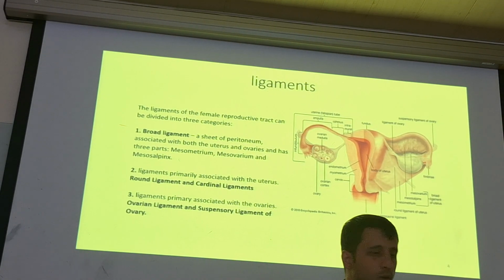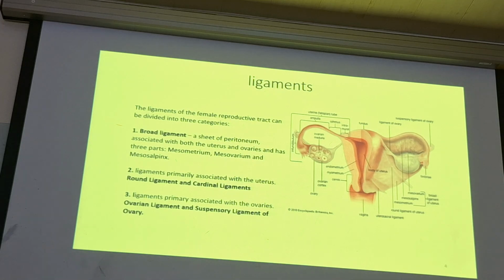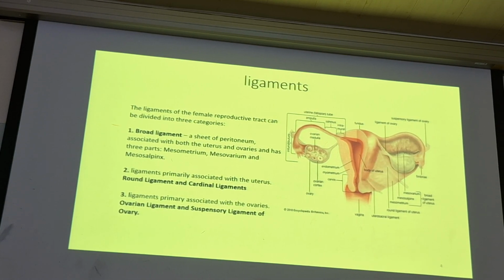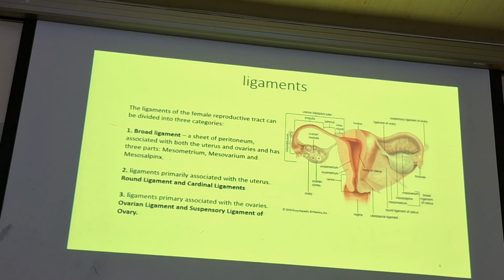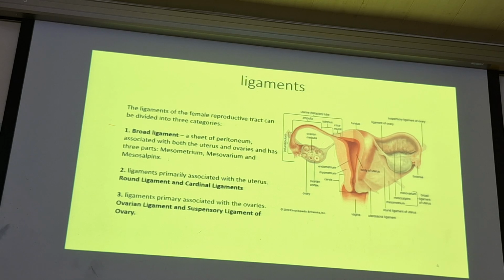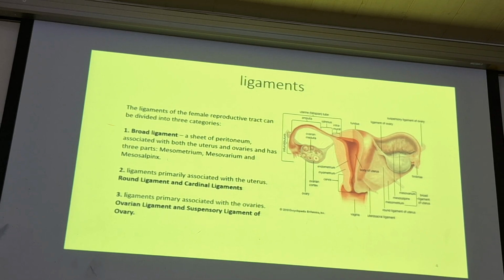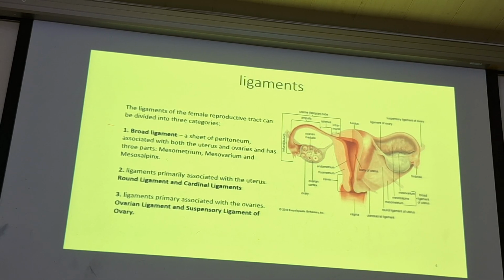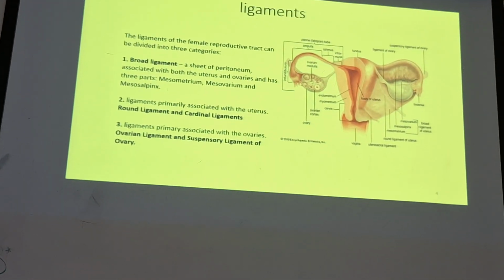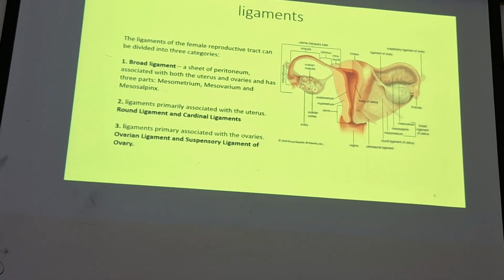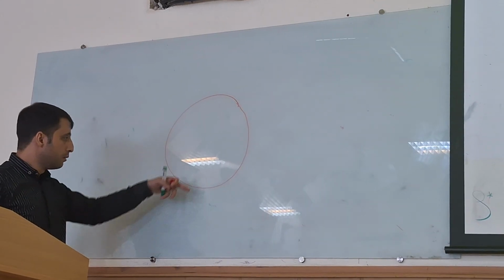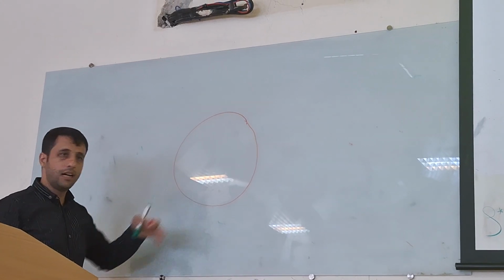The ligaments of the ovary. If I have a transverse section at the level of the uterus, okay, in the transverse section, posteriorly, which structure do I have?